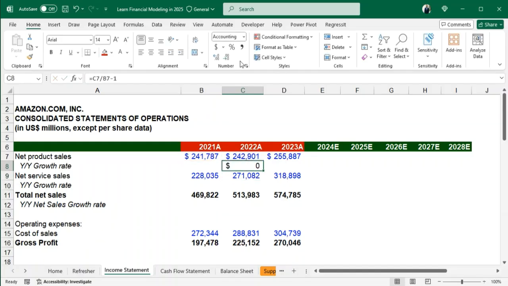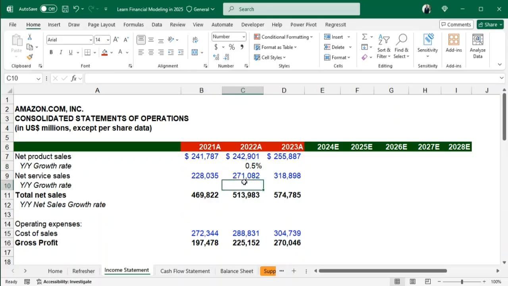And we have to change this to percentage, and then also increase my decimals to 1.